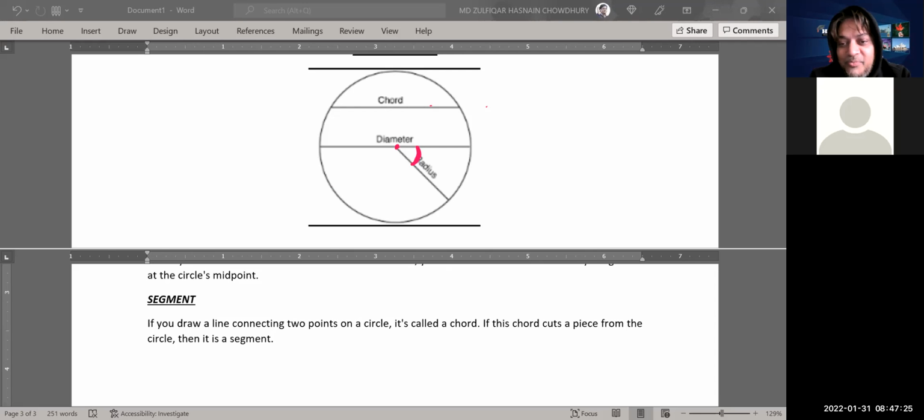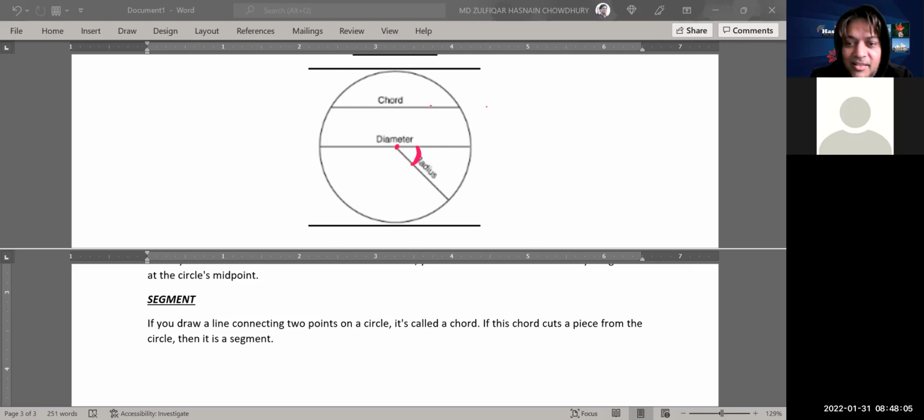What is the location? Did you draw the angle in the circumference, in the radius, in the segment, or in the center? You drew the angle in the center. So when you draw an angle in the center, you call it a central angle.